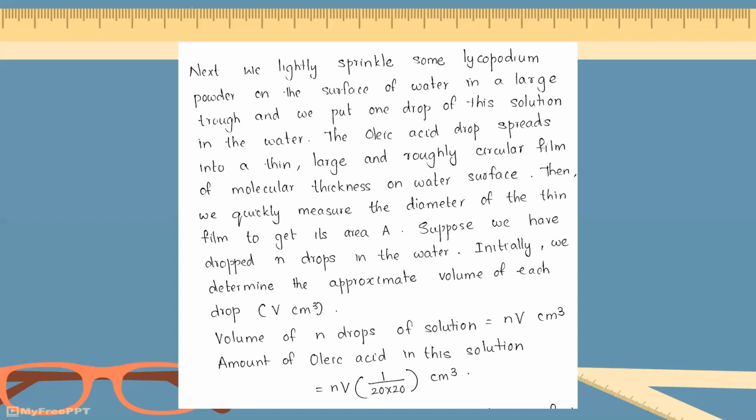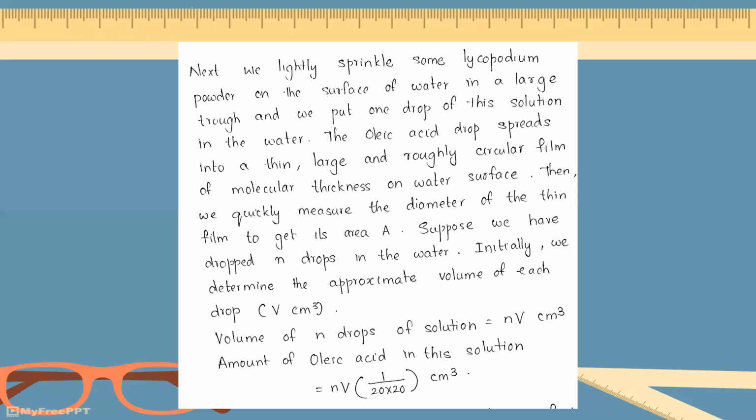Therefore, amount of oleic acid in this solution is n into V divided by 20 into 20. We already have seen the part of oleic acid in this solution is 1 divided by 20 into 20, because first time we have taken 1 is to 20 ratio of oleic acid and alcohol.